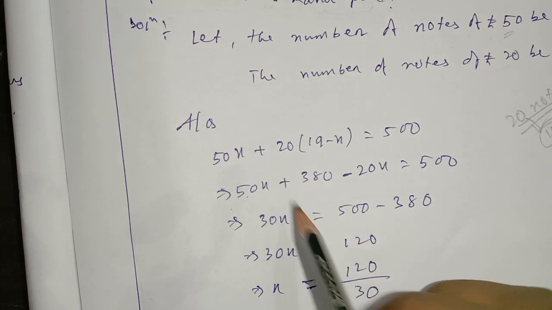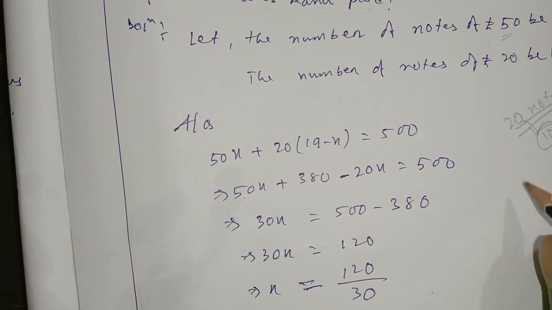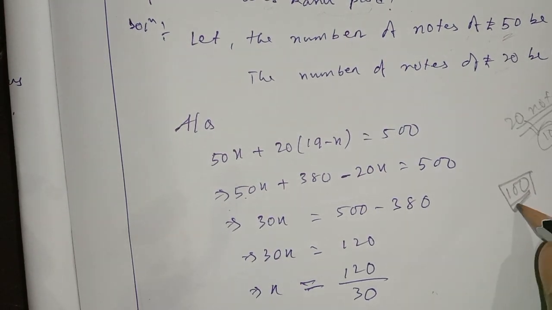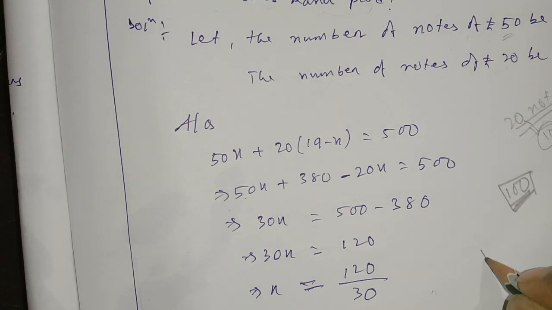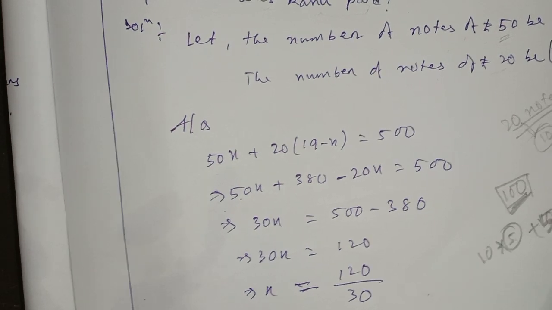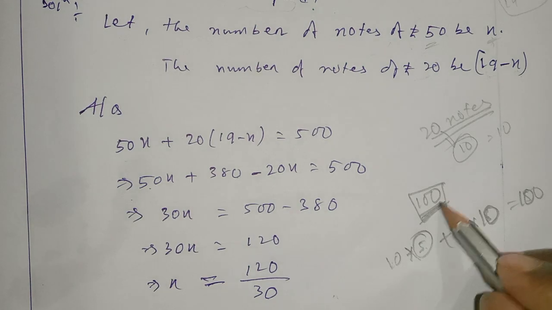Why? See, I am explaining. Suppose you have 100 rupees. You have 5 notes of 10 rupees, which makes 50, and 10 notes of 5 rupees, which again makes 50. If both are added, you get 100, meaning you have a total of 100 rupees.